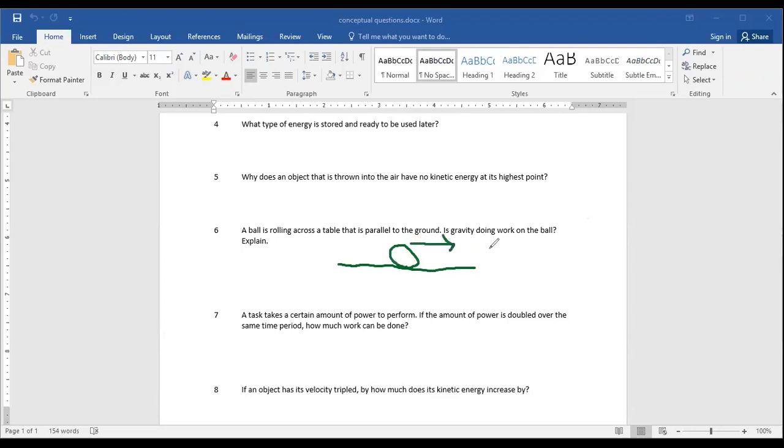Well, the force of gravity is going this way. There is no component of the force of gravity that is helping propel the ball to the right. So whatever's doing work on the ball is something, but it's not gravity. You cannot do work on something if it's perpendicular to the force being applied. So gravity does not help something move parallel.